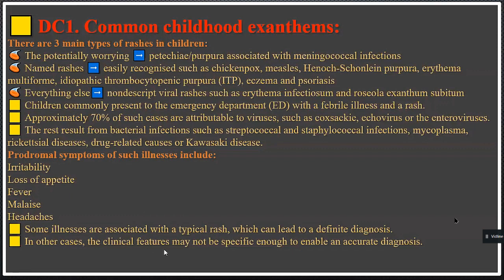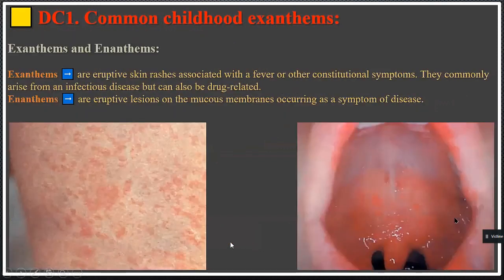So in other cases, the clinical features may not be specific enough. You have to be familiar with exanthems and enanthems. So as we said, ex means external, en means internal. So exanthem is for skin, and enanthem is for mucous membrane.